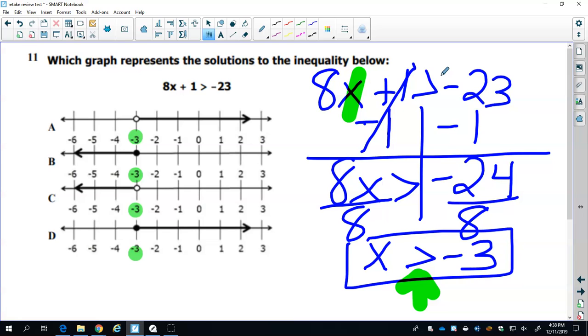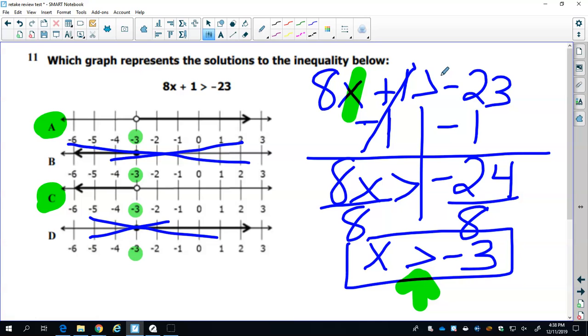Because it's greater than negative 3, it can't be negative 3. So there's only 2 that have an open circle, and that's A and C. So we can eliminate B. We can eliminate D. So now we have to look at where the numbers are getting larger. The arrow needs to be going to the right to show greater than.